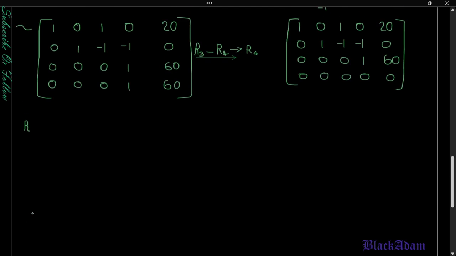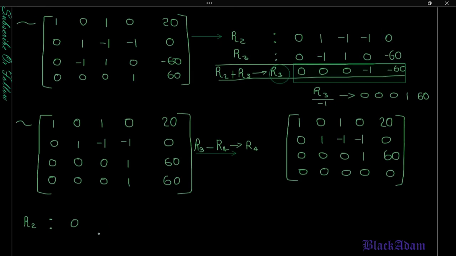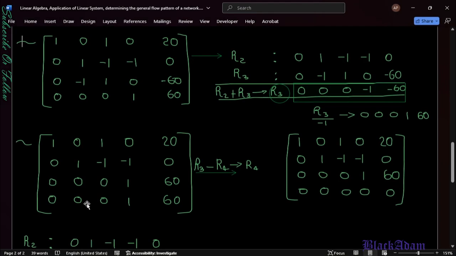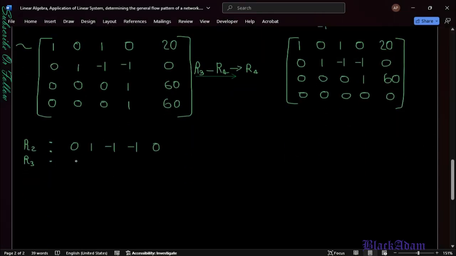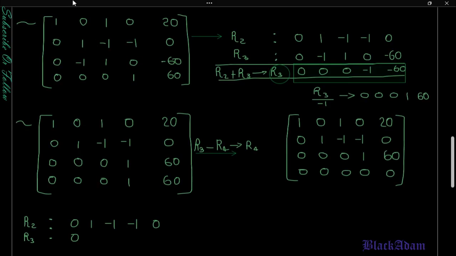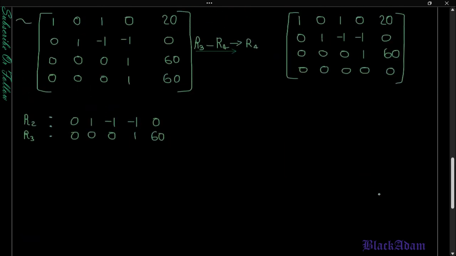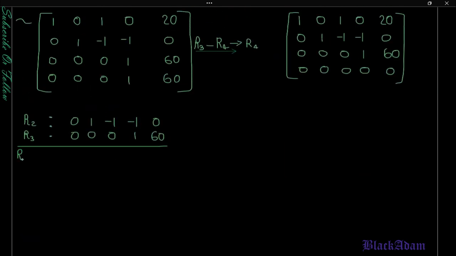So row 2 is going to be 0 1 -1 -1 0, and then we have row 3, which is going to be 0 0 1 60, and remember we're just adding them together, so it's going to be row 2 plus row 3.